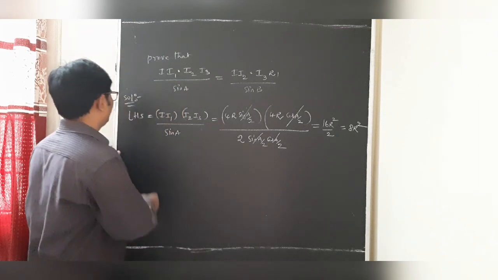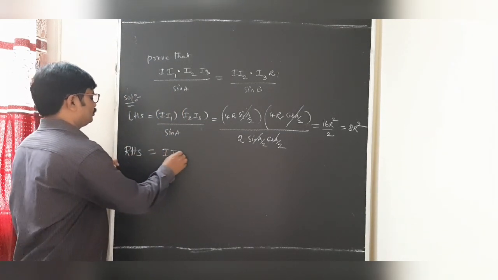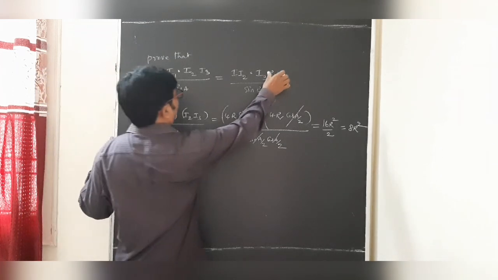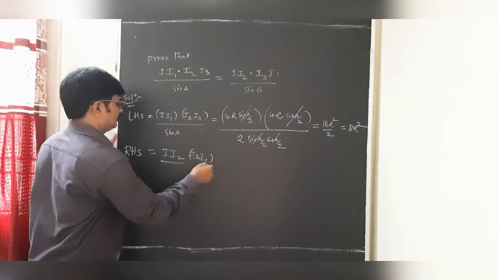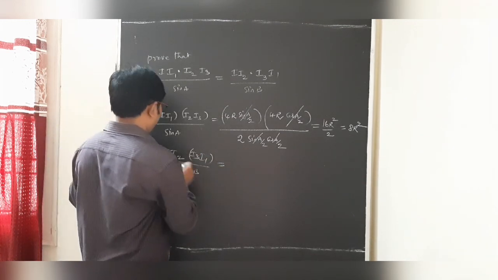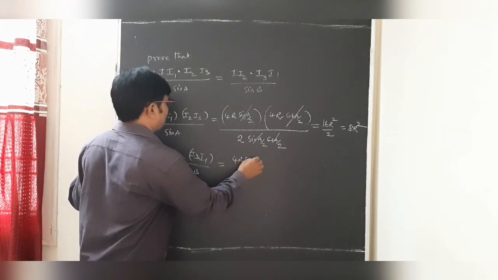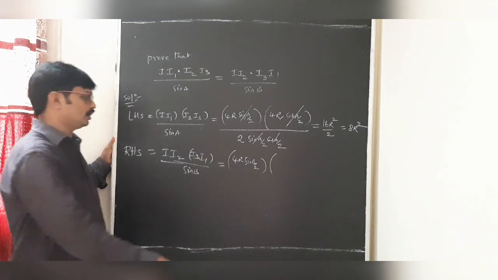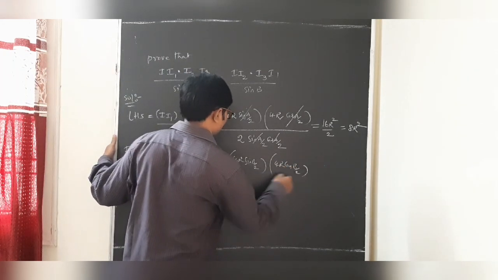Now students, similarly we can find the RHS value: I2 into I3 I1 upon sin B. Similarly, I2 is nothing but 4R sin B by 2. I3 I1 is 4R cos of B by 2.